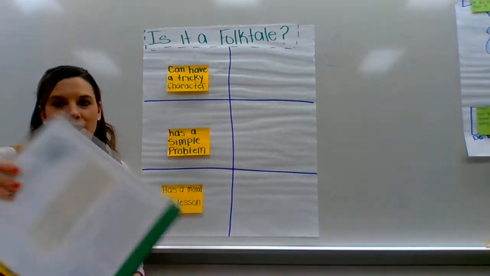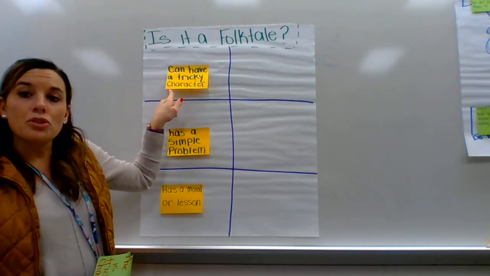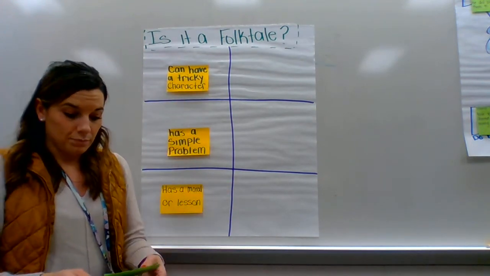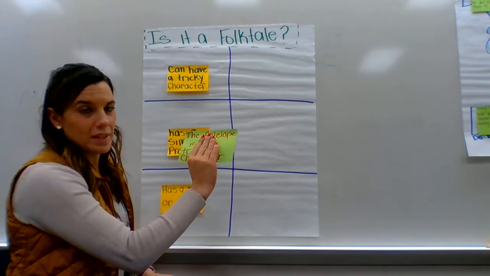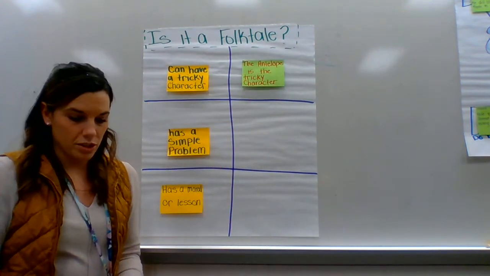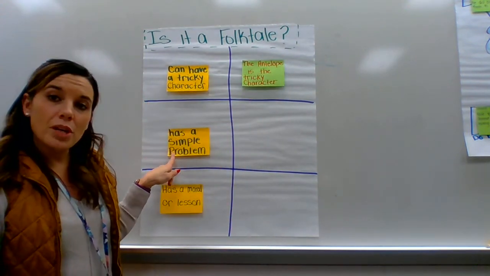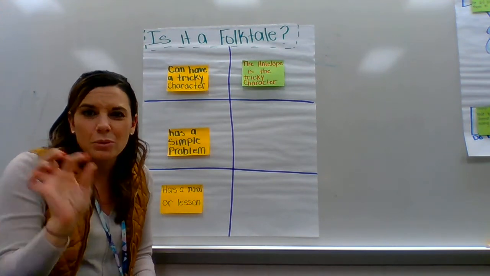Okay, so let's go through our folk tale chart. Is there a tricky character in that story? There is. Who is our tricky character? It's the antelope, right? The antelope is the tricky character. Did this story have a simple problem? It had a few little ones, didn't it?